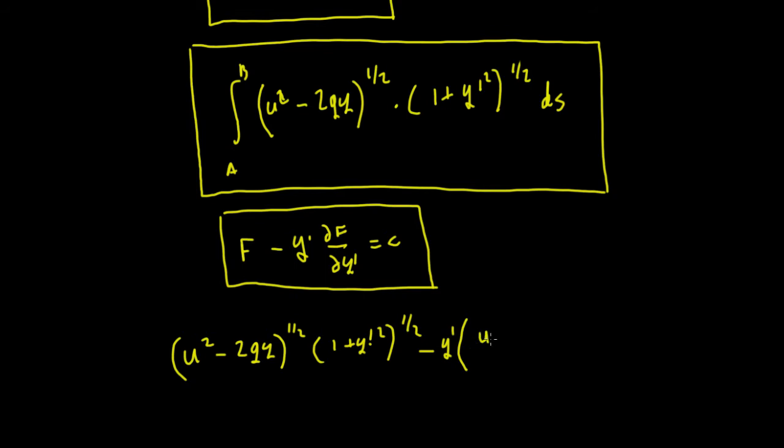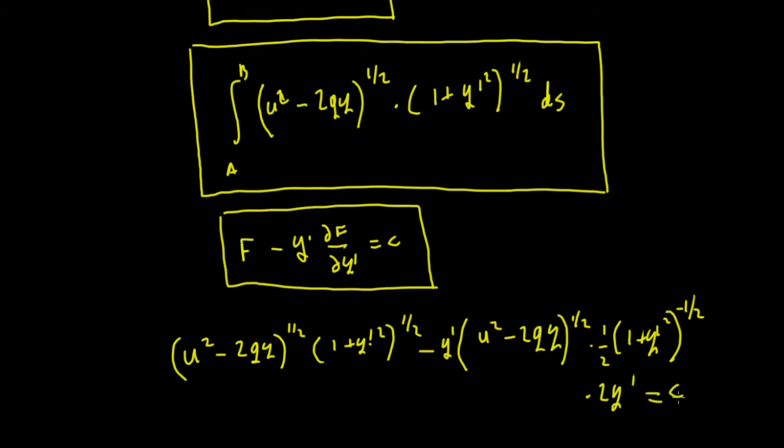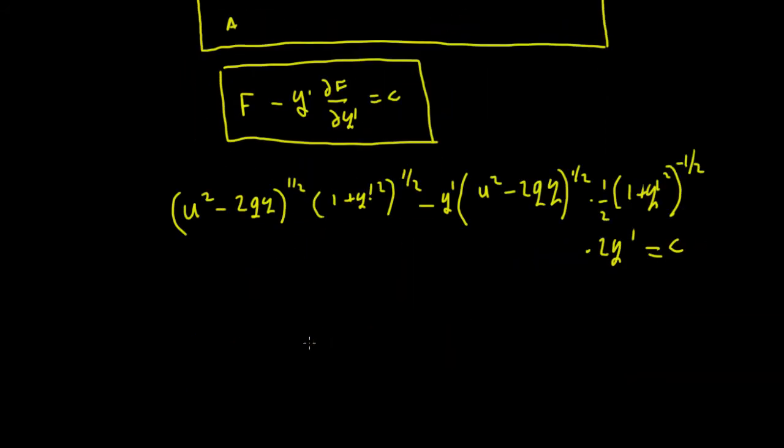Okay, so you're just going to have your u squared minus 2gy to the power of a half, and whenever you differentiate that, you're going to have a half times 1 plus y derivative squared to the power of minus a half, and then you have to differentiate what's inside it, so you're going to have times 2y derivative, and with all that equals some constant c. So a bit of a monster equation, but we'll simplify it out.